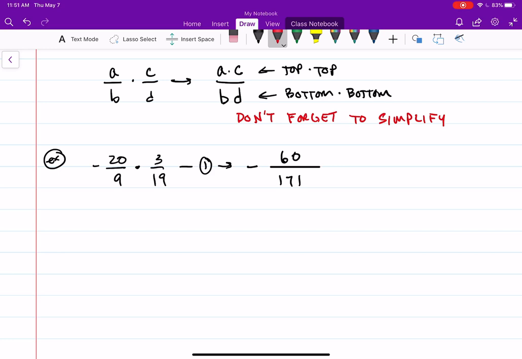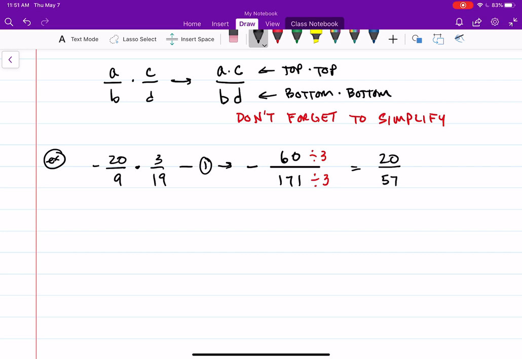Remember when we were adding and subtracting fractions, we would multiply top and bottom by a certain number in terms of what the other fraction has that I don't have. Well, simplifying is the same idea. I can think of it as dividing by 3, and what I will get now is 20 over 57.